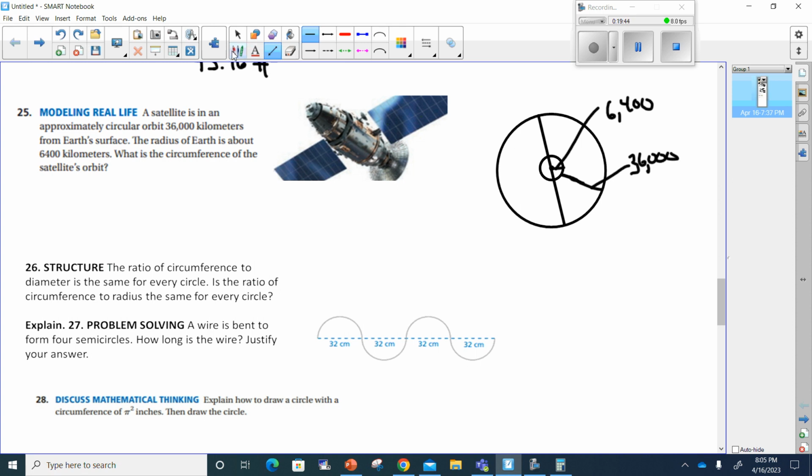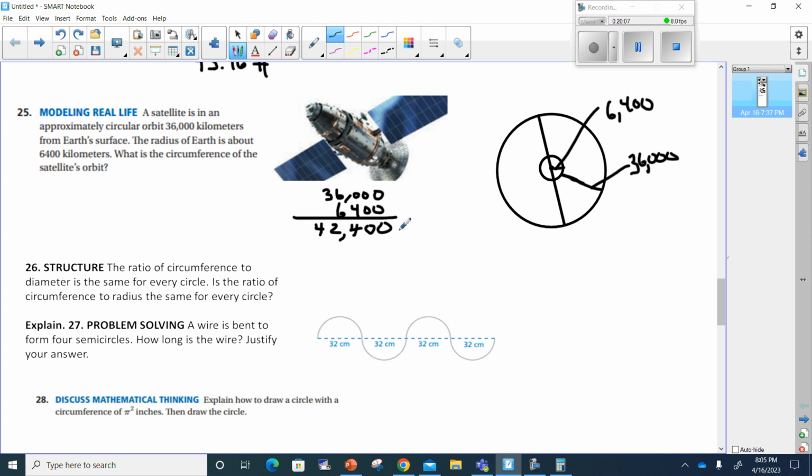So let's go ahead and do the math here. We're going to take 36,000 and add it to 6,400. That's going to give us 42,400.